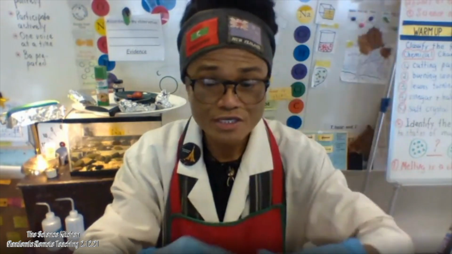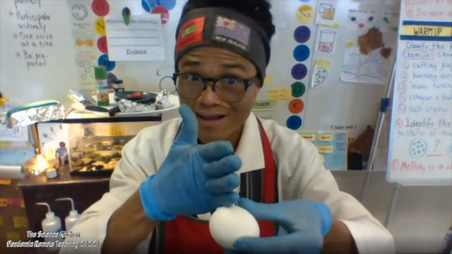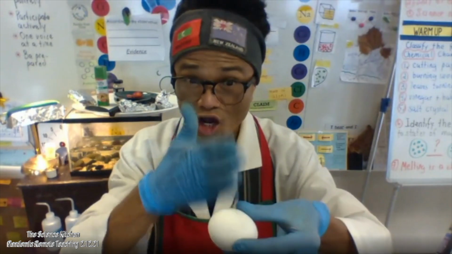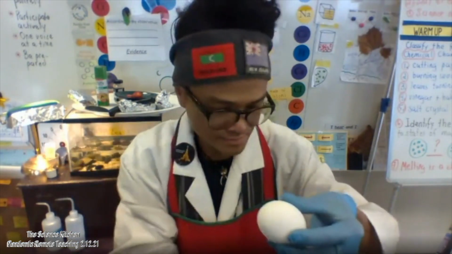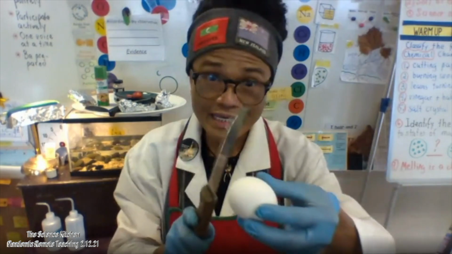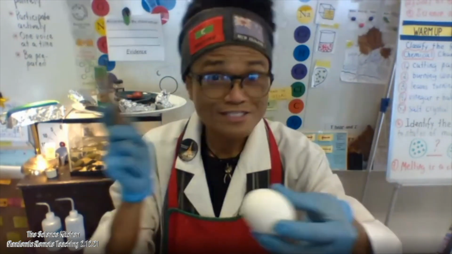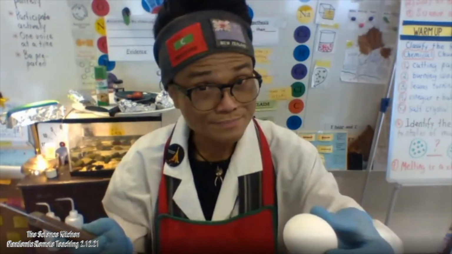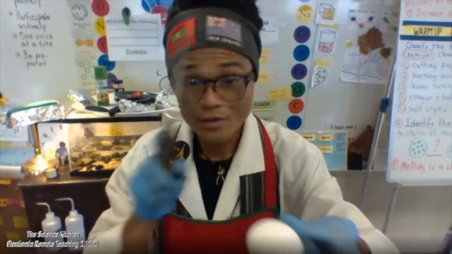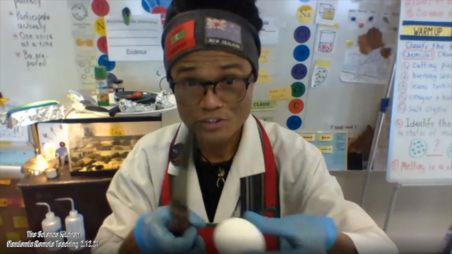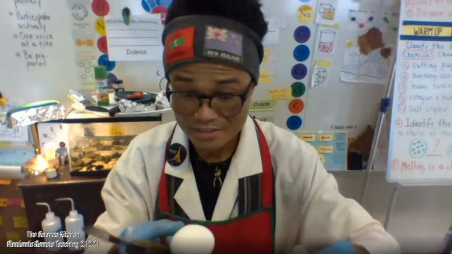Of course, I need to crack the shell. Cracking the shell by hitting it is a physical change. Right? When I crack the egg, the shell is simply a physical change.